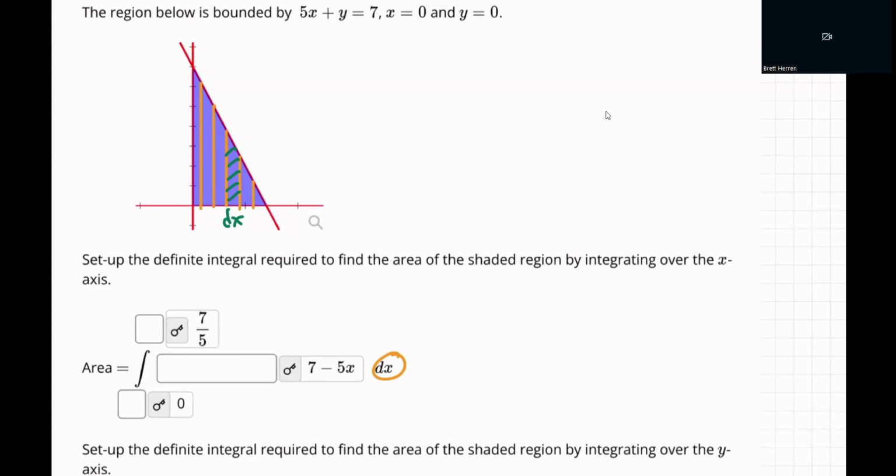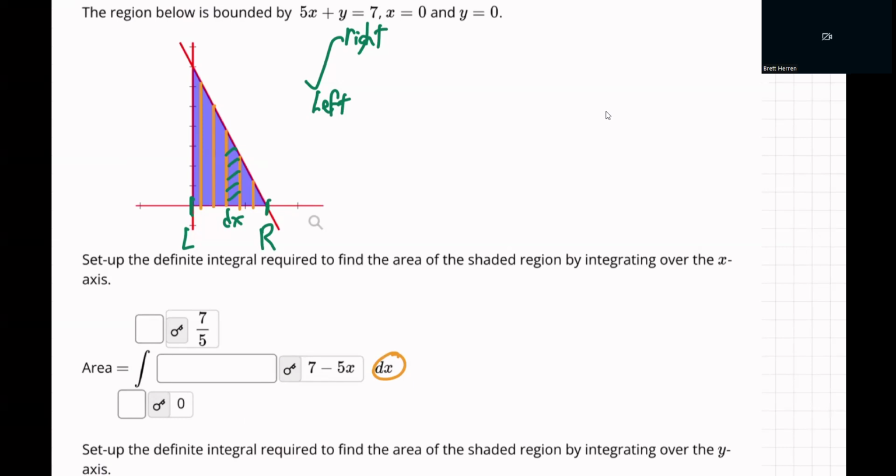And the height of that rectangle is, so we're going to, wait, let me do this. We're going to integrate from the left edge to the right edge. From here, the left, to here, the right.